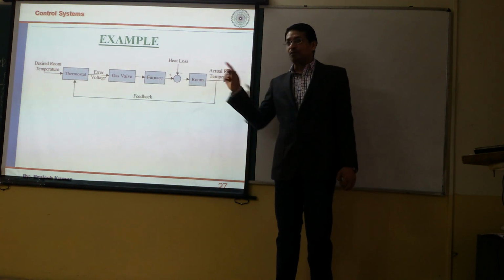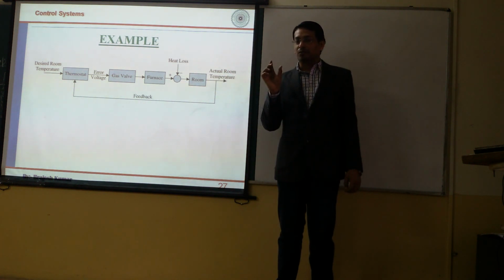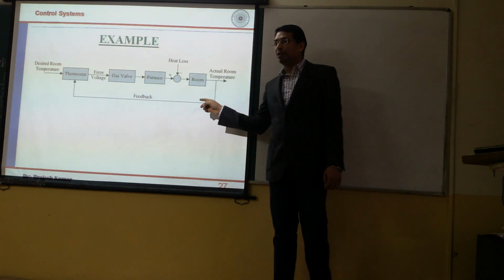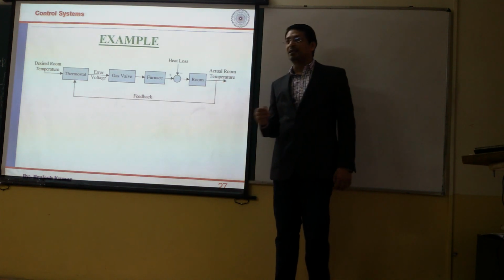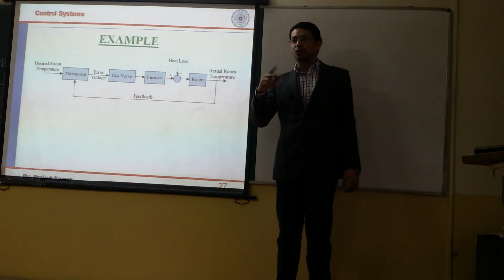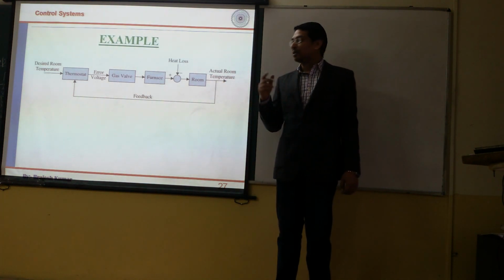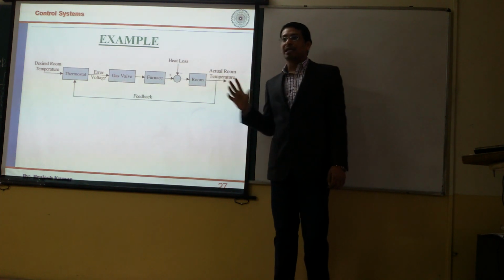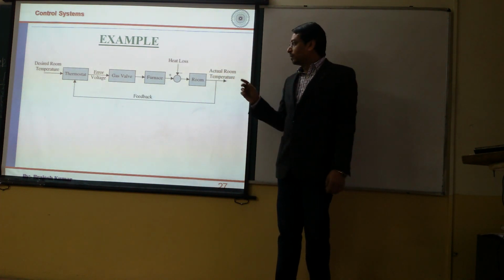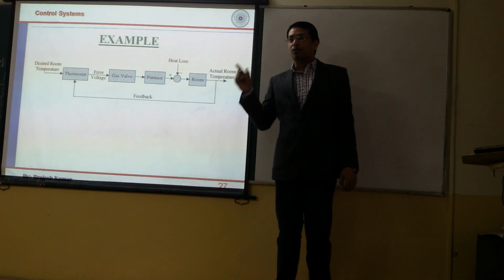It means that within the thermostat there should be a comparator, which compares the actual temperature with your desired temperature. Depending upon this, an error signal, or the corresponding error voltage, will be generated. This error voltage will act as an input to a solenoid valve, which will open the gas valve, and this opening will turn on your furnace.